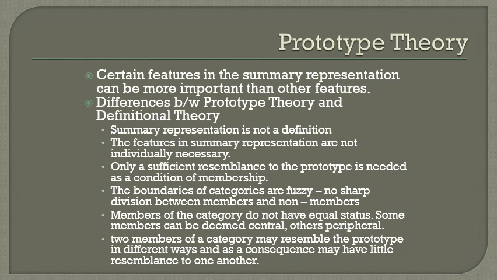All right. So in prototype theory, certain features in the summary representation can be more important than other features. So we can mark the importance of certain features. For example, coming back to the category bird, it is very important that birds should have wings, right? So that feature might be marked as a central feature. Similarly, lays eggs can also be marked as a central feature.